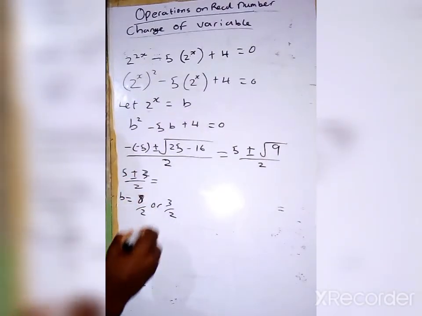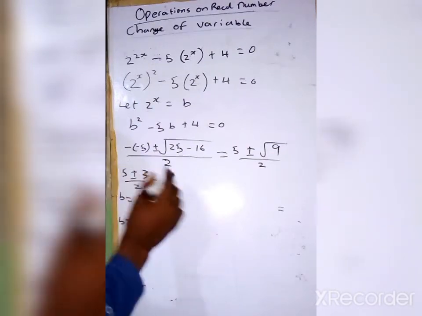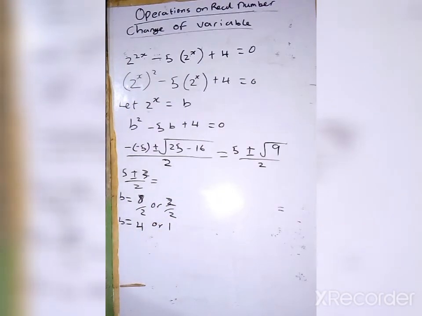So b equals 5 plus 3, 8 over 2, which b will be equal to 4, or 5 minus 3, 2 over 2, which b equals 1. So now we've gotten two values of b.